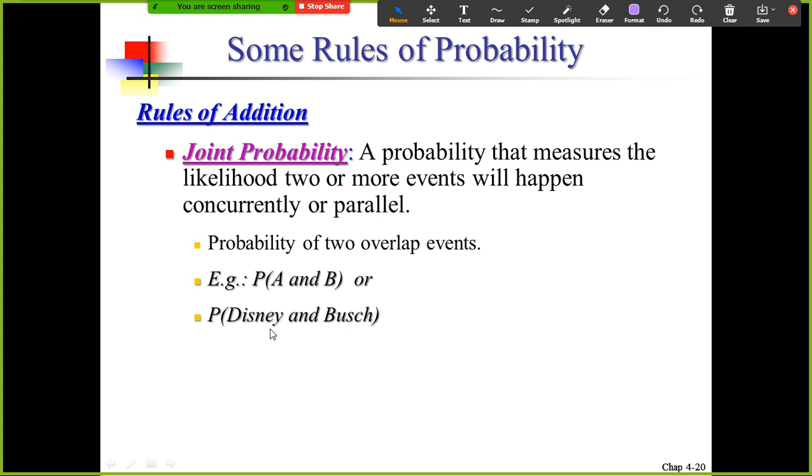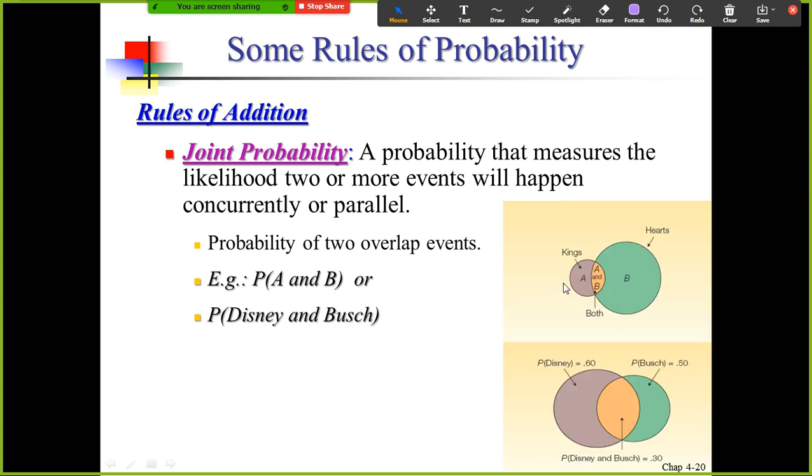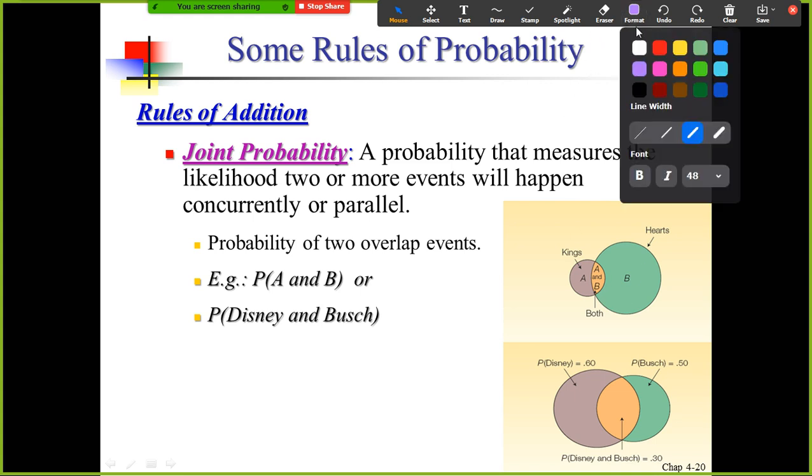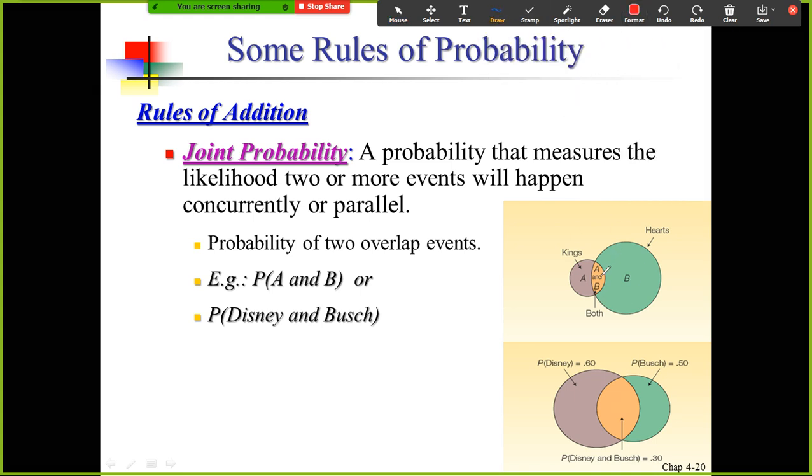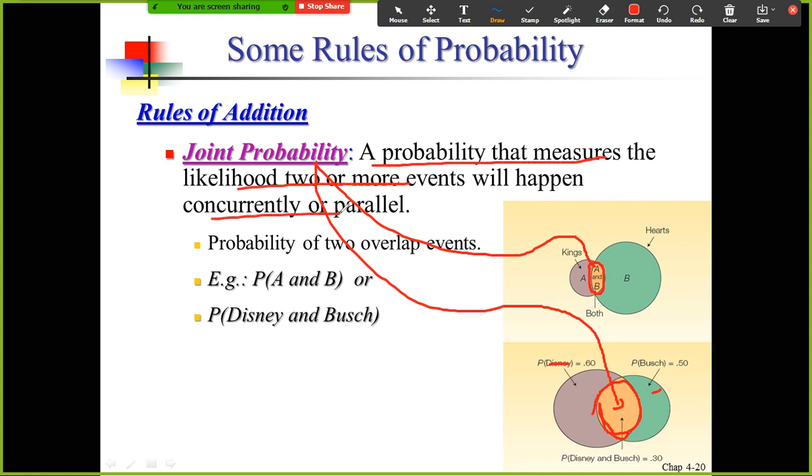This is based on the textbook. This is a Venn diagram. So this is a joint probability. You can see A joined with B, Disney joined with Bush. This is what we call joint probability. This is the definition.